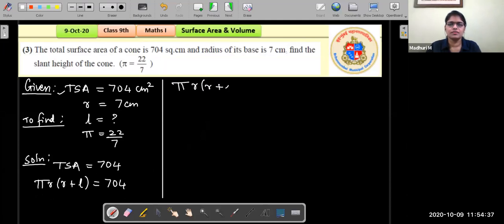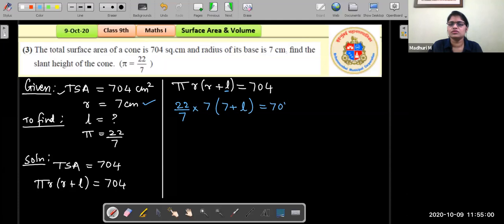Pi r (r plus L) is equal to 704. We are just going to replace the pi and r. So what is the value of pi? Pi is 22/7 times the radius, that is 7, and (r plus L). So r is 7 plus, we don't know what is L, so we write L as it is, that is equal to 704. Good so far, students?